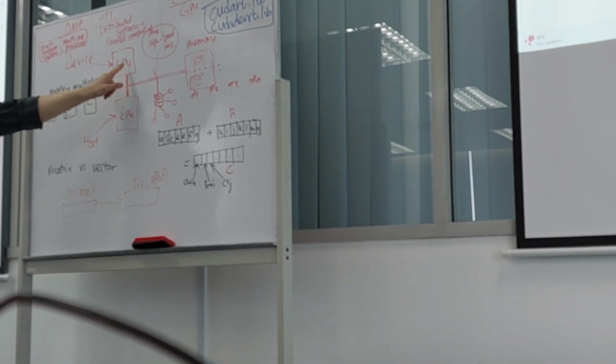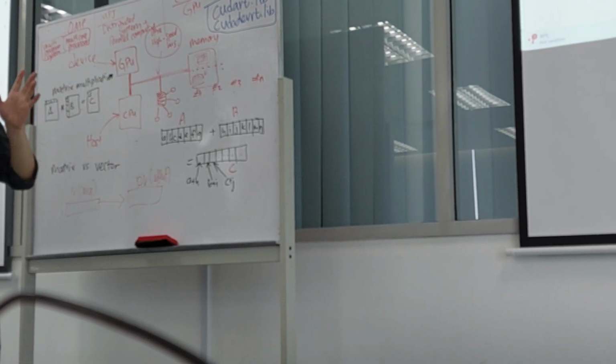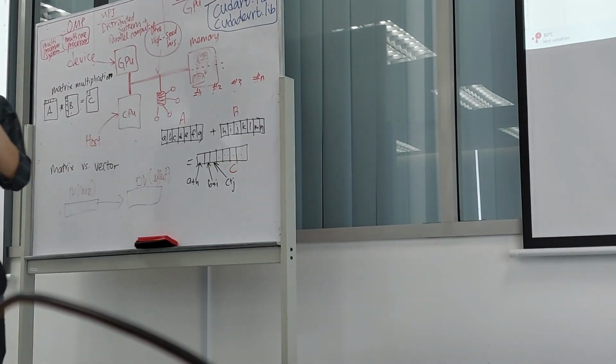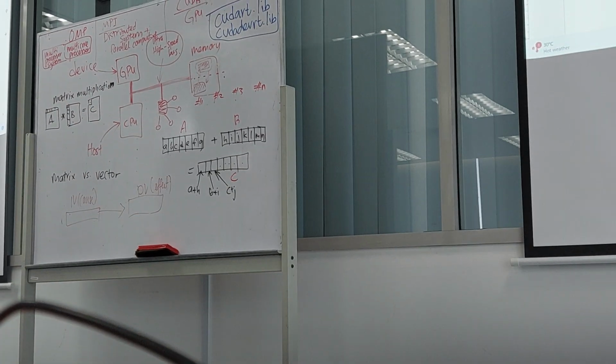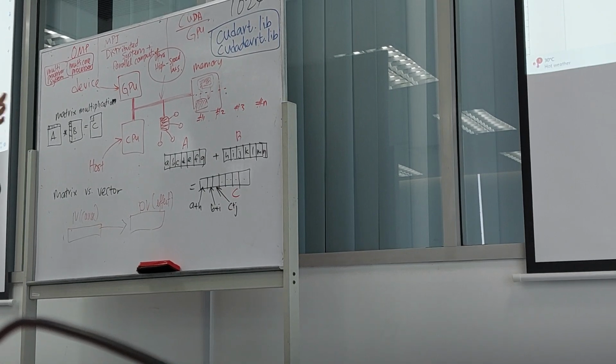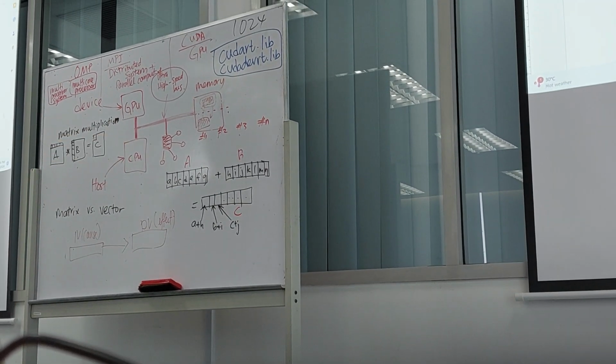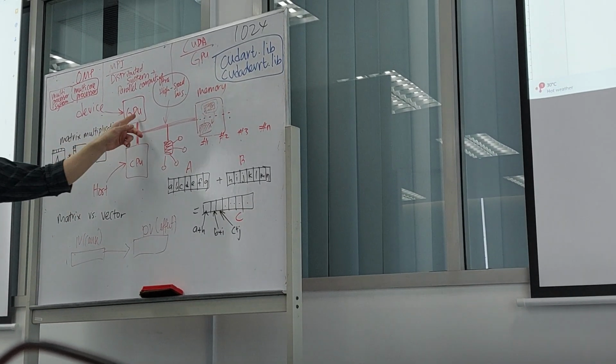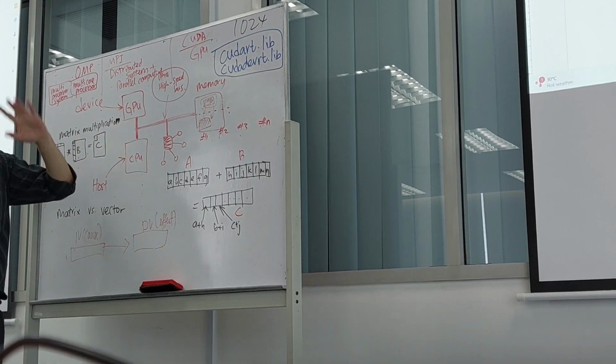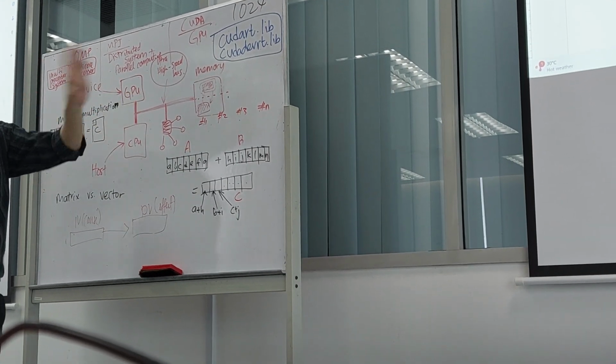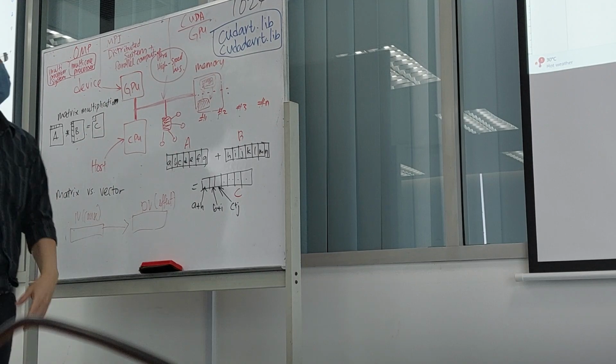Remember I told you that you can adjust, for example, how many threads in a block, how many blocks in a grid, so that the GPU knows how to assign the cores and execute what. That one I have to explain a little later because it's a bit more complex. But you have to configure the GPU. That is a step.